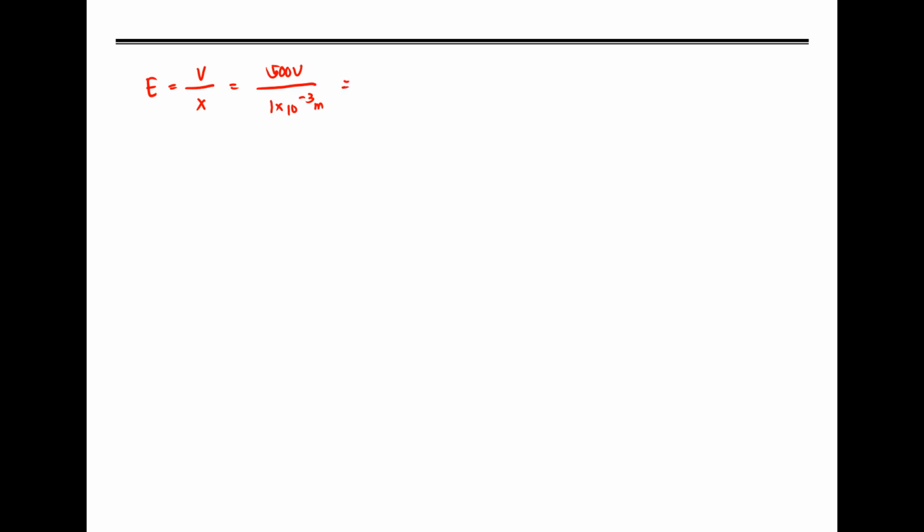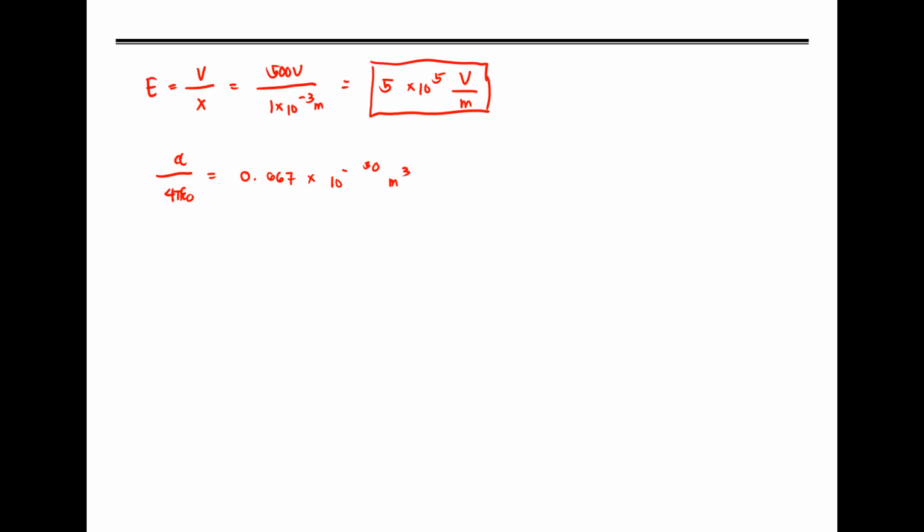Okay, so the electric field is equal to 5 times 10 to the 5, and the unit would be volts per meter or newtons per coulomb. Okay, so this is now the electric field. Now from table 4.1, we have alpha over 4 pi epsilon naught, which is equal to 0.667 times 10 to the negative 30 meter cubed.